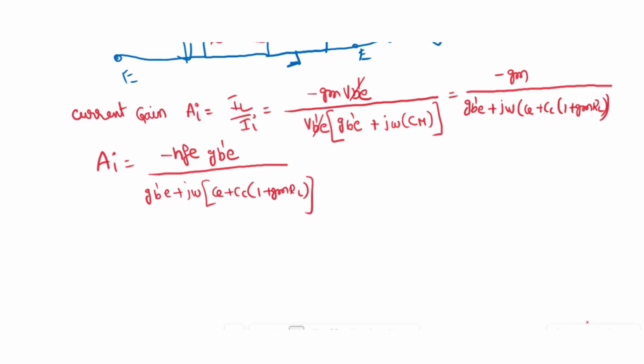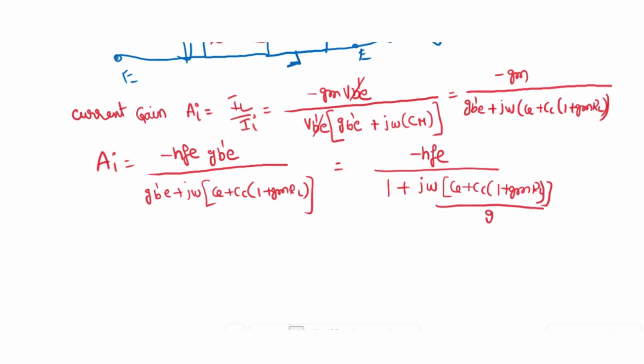So now cancel your GB dash E. You'll get minus HFE by 1 plus J omega of CE plus CC of 1 plus GMRL divided by GB dash E. I'll write omega as 2 pi f.